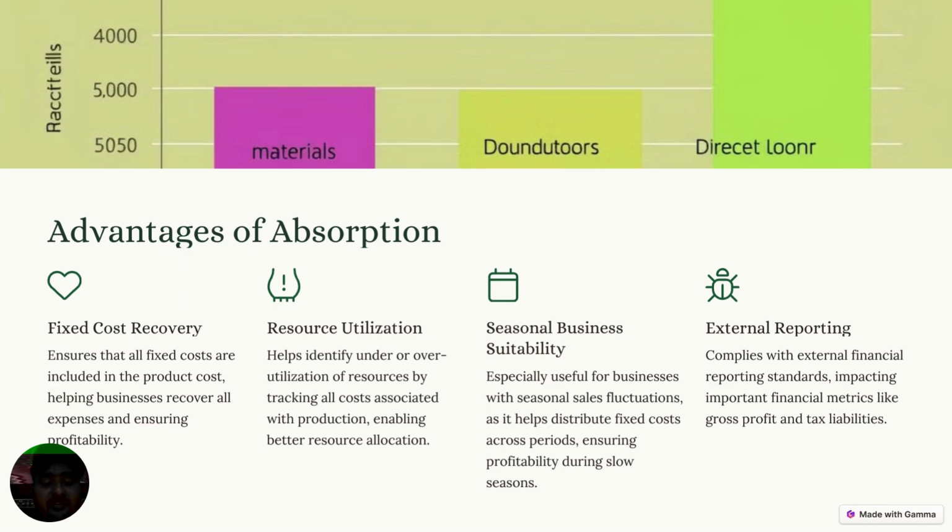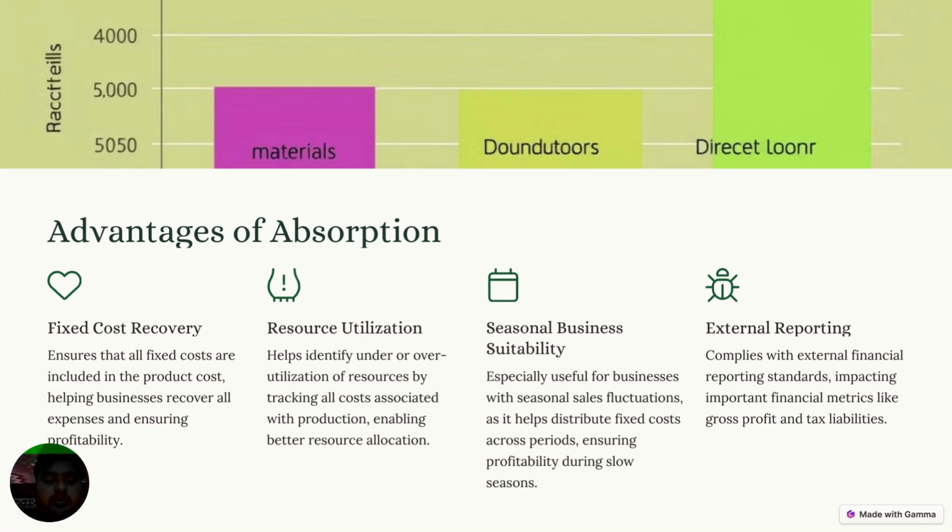We can estimate and recover fixed costs from them, because in absorption costing we know that there are different fixed costs and variable costs, so we can identify our fixed cost from them, and that is used for fixed cost recovery.